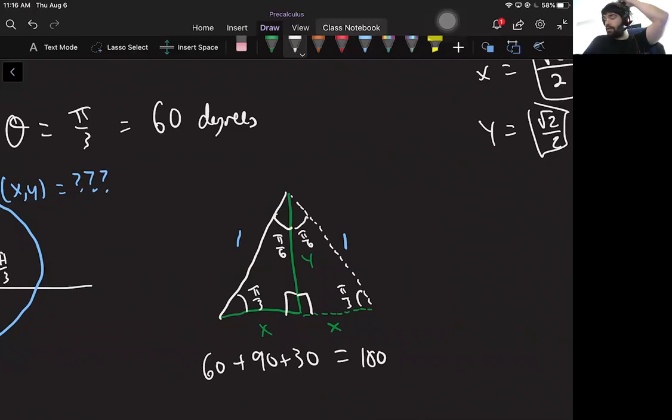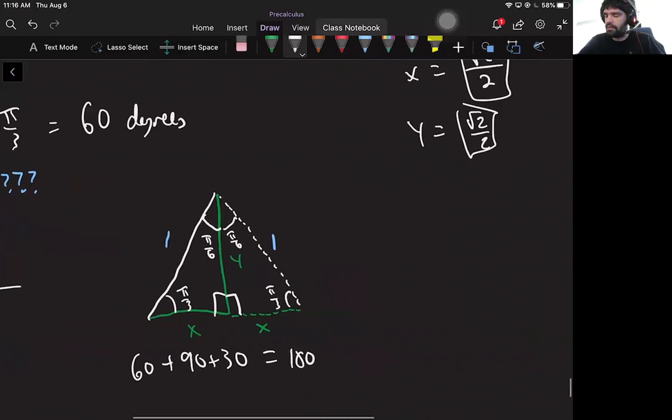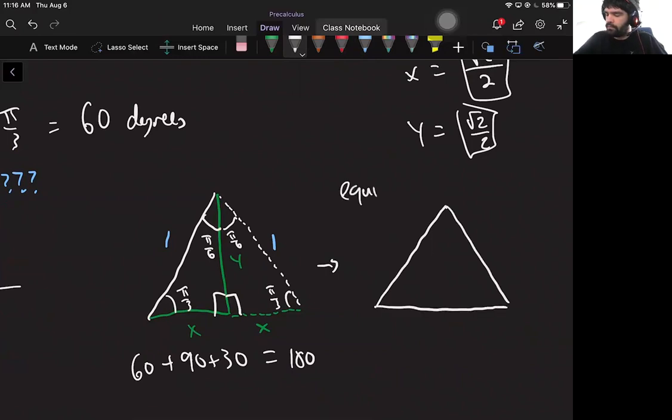And then we are going to notice something really cool, which is if you just zoom out to the entire triangle, you get an equilateral triangle. How do I know it's equilateral? How do I know all the sides are the same length? It's because this guy, what's pi over 6 plus pi over 6? AKA what's 30 plus 30? That's 60 degrees, AKA pi over 3. So these are all pi over 3s now.